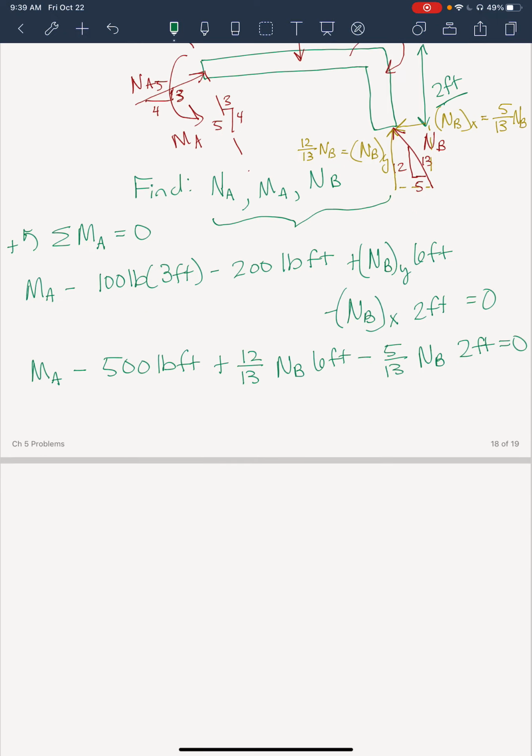Then we can multiply that out. Grab my calculator. We have too many unknowns, but I'm going to go ahead and simplify it. So I'm going to add these two MB terms together. I did 12 over 13 times 6, and then minus 5 over 13 times 2.